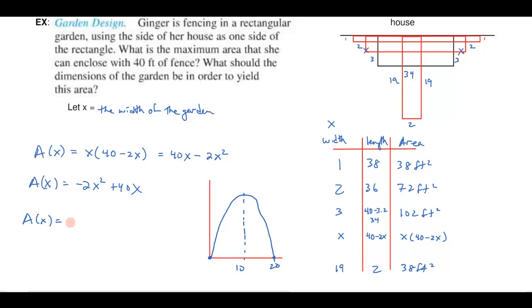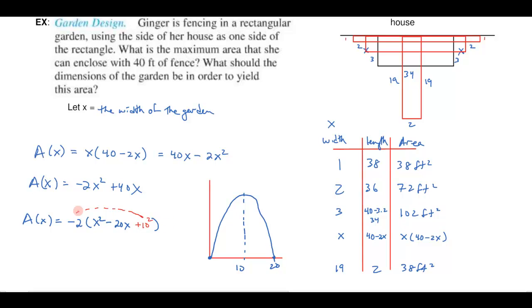Let's go ahead and factor a negative 2 out of this and complete the square. X squared minus 20x, and there's nothing over here to push off to the side. I'm going to take half of the negative 20, which is 10, and square it. Now, when I add 10 squared to complete the square in here, remember I'm actually multiplying by negative 2.